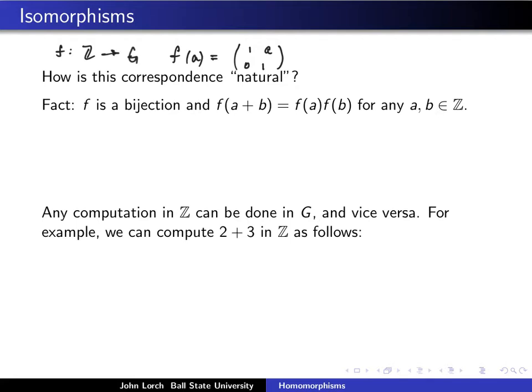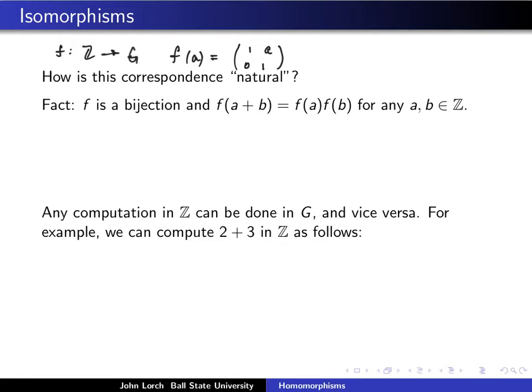So in what sense is this correspondence really natural? Well, the first thing to notice is that f is a bijection. That is, it sends the integers onto G in a one-to-one fashion.